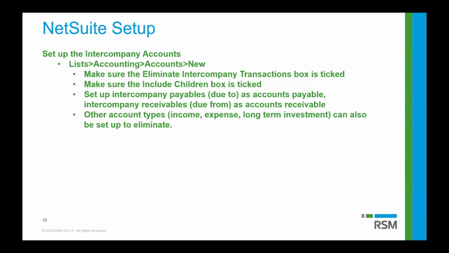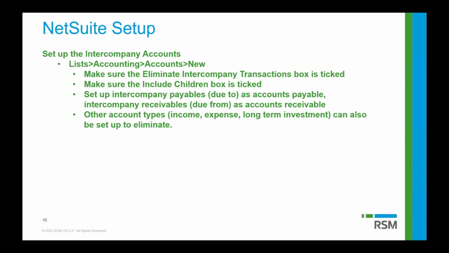So what do I need to do in my account? I need to make sure that the eliminate intercompany transactions box is ticked. I need to make sure the include children box is ticked. This is really important because it has long-term ramifications if you don't do it this way: set up the intercompany payable, the due to, as a payables type.